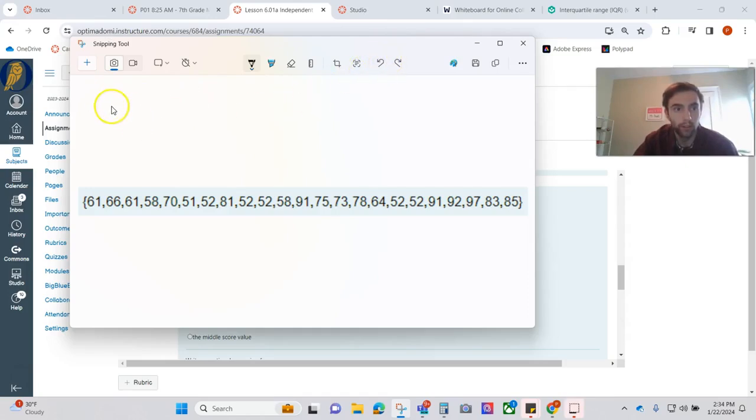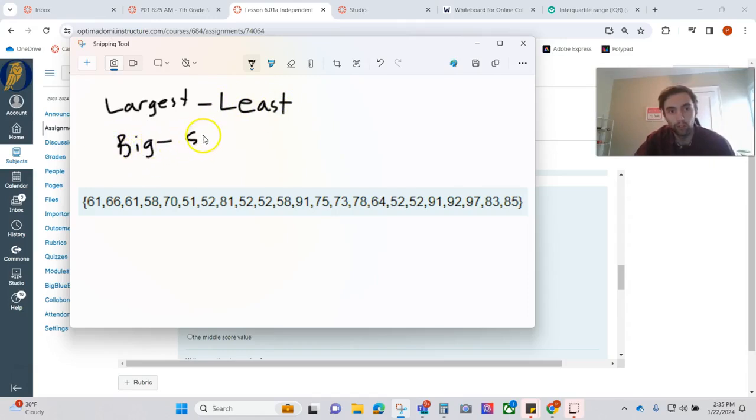Let me write largest instead. Largest number minus the smallest, the fewest, the least number, the lowest number. Largest minus the least, or big minus small, the max minus the min.